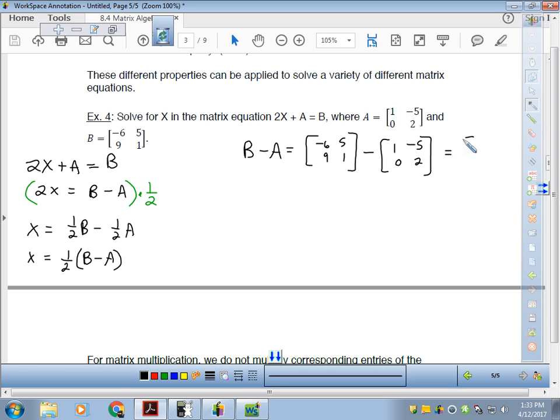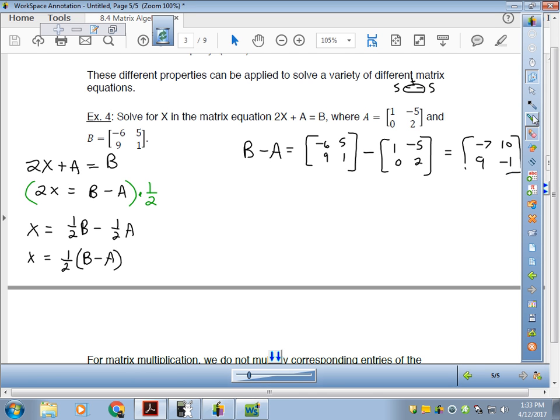Subtract them. -6 minus 1 is -7. 5 minus -5, just so you can see, 5 minus a -5, that really means 5 plus 5, which gives us 10. 9 minus 0 is 9, and 1 minus 2 is a -1. Oops, should be just 9, not -9 there. Okay, so that's what B minus A gives us.